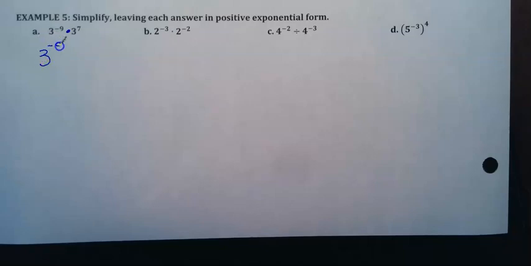Add the exponents. Good. Negative 9 plus 7 leaves us with 3 to the power of negative 2. Sweet. Except it says leave it in positive exponential form. Does that have a positive exponent? No. So we got to convert it to a fraction, right?